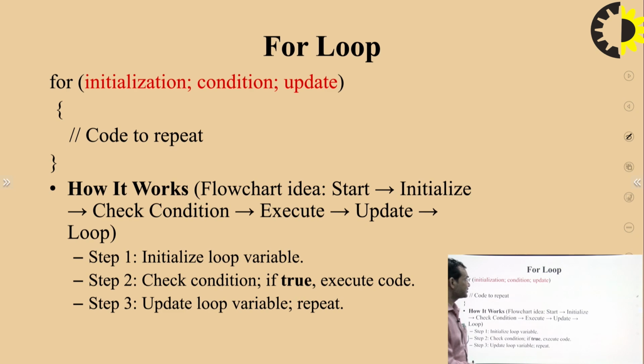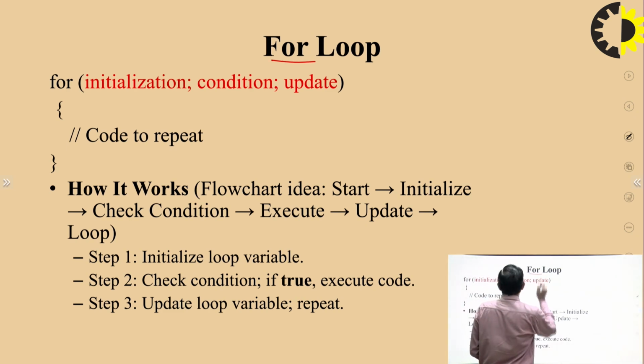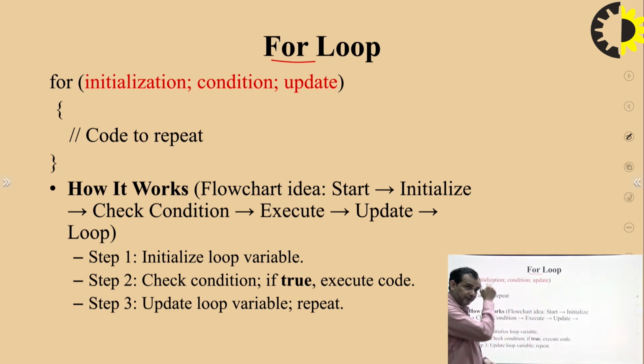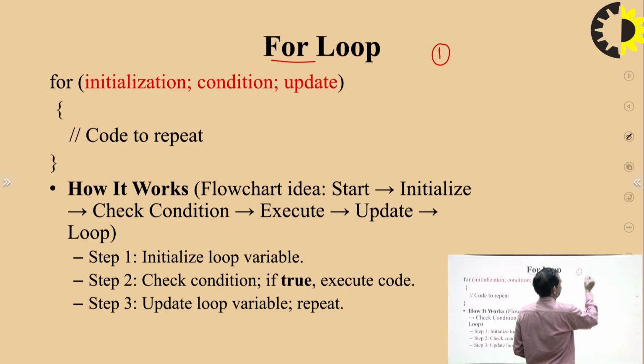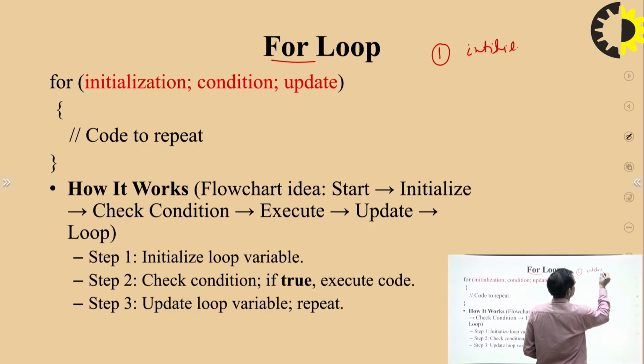When we start with the for loop, in programming we need three things. First, initialization. Second, we define the termination condition.